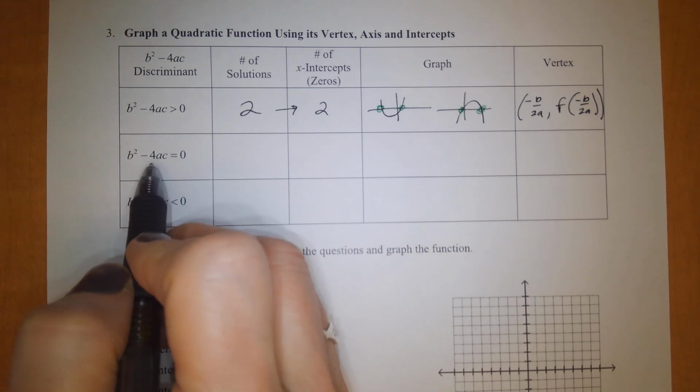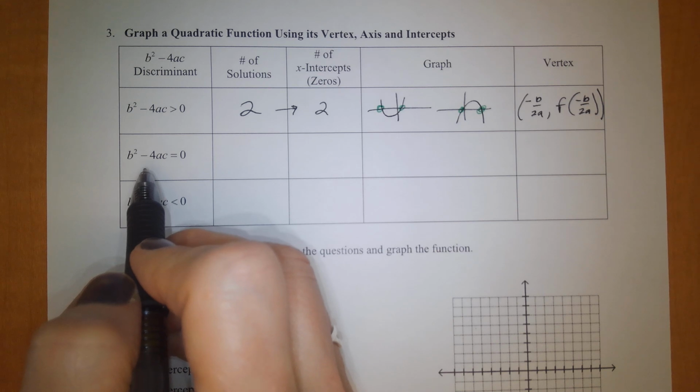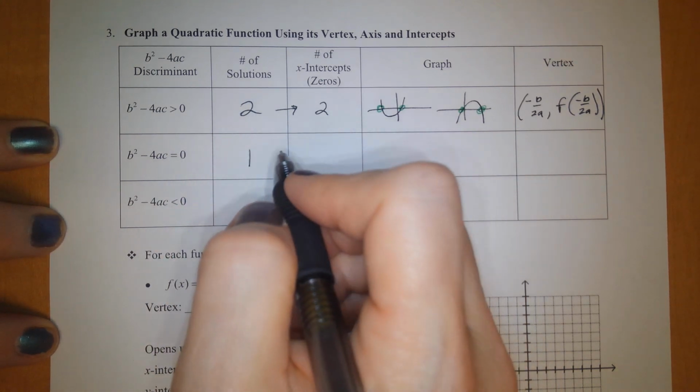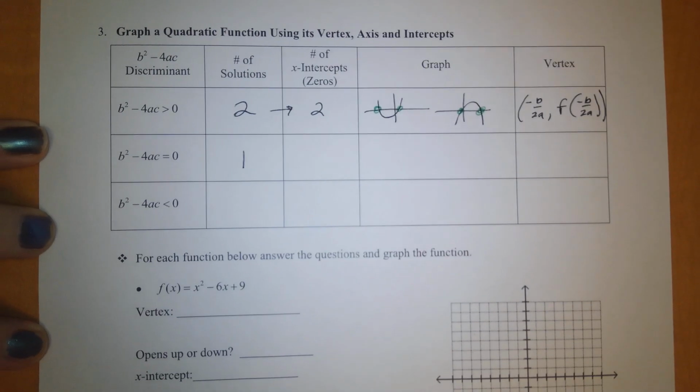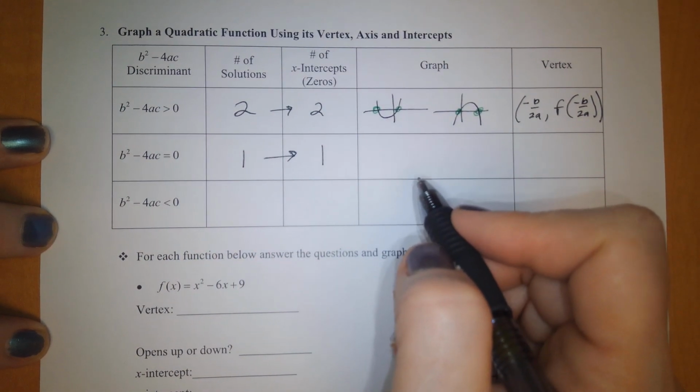Now, if the discriminant is equal to 0, if you recall back to when we discussed discriminants in section 1.2, you have one repeated solution, which indicates that you'll have one real x-intercept.